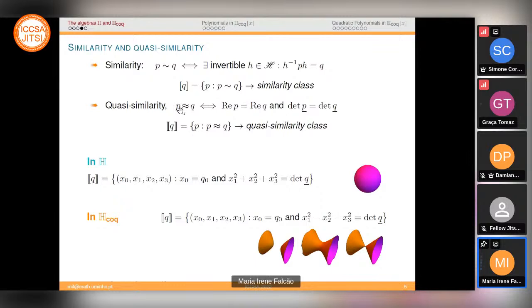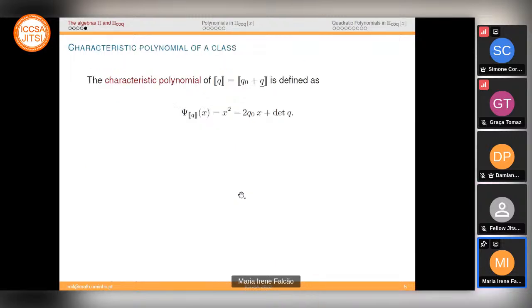But in the case of class similarity, this is almost the same. The only difference, as Ricardo has already explained, is when the coquaternion is a real number. In such case, the two notions do not coincide. Geometrically, the equivalence classes in H are spheres in the hyperplane x0 equal to q0, and in the case of coquaternions, they are hyperboloids.